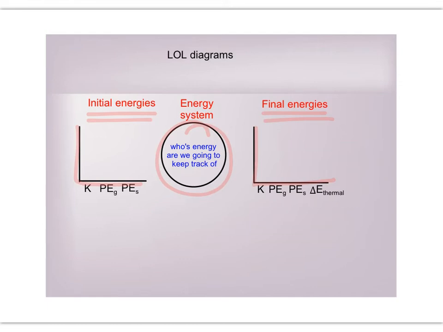And that's what you put in the middle, the energy system. You'll see that at the bottom we've got K, which is our kinetic energy, PEG, which is gravitational potential energy, PES, which is elastic potential energy, and then on the right we have the same, but we've added the change in energy, thermal, in other words, heat.